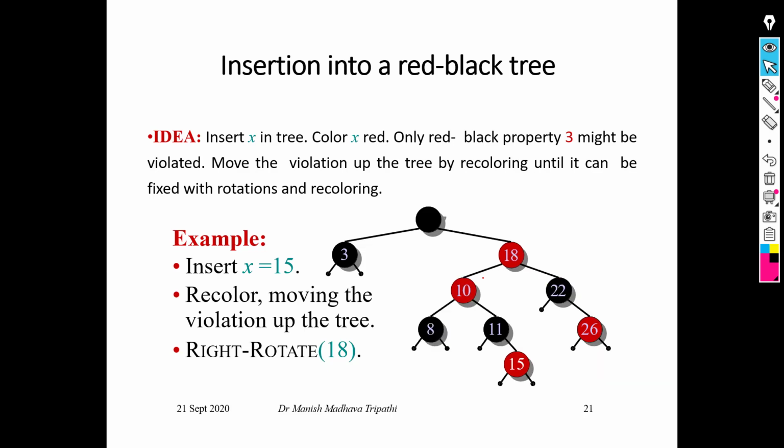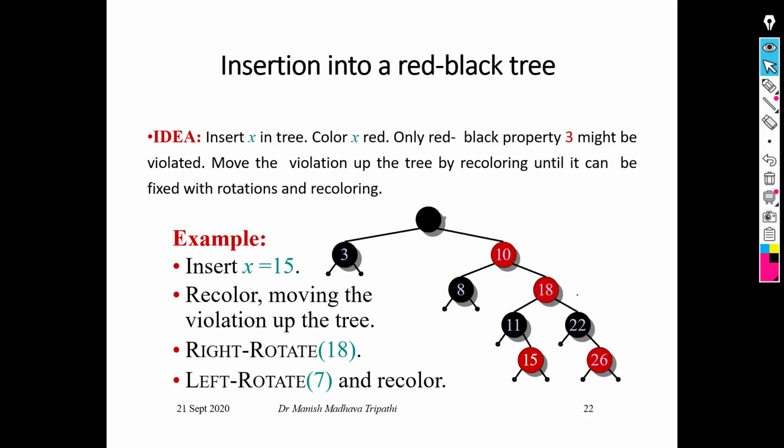And now here we right rotate with respect to 18. You have to clamp at 18 and right rotate, so 10 will come at this position and 18 will be shifted at the depth. 18 will come at the deeper place.